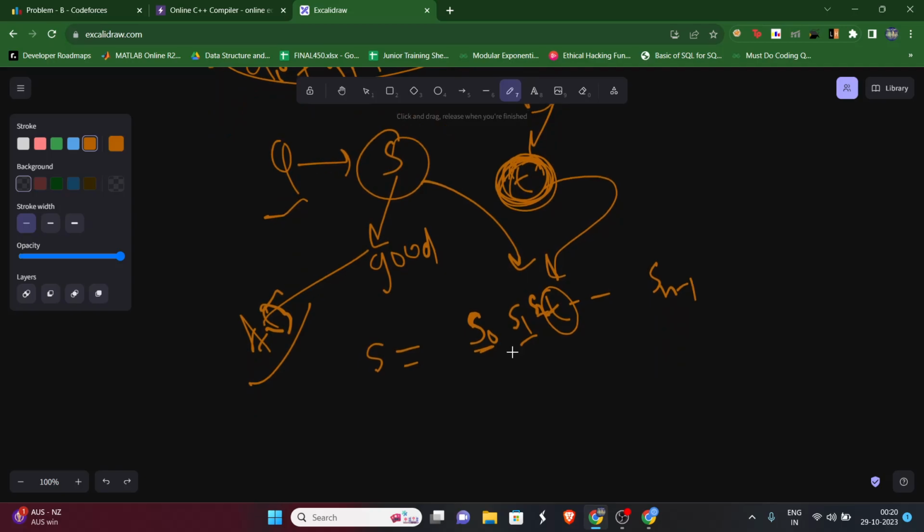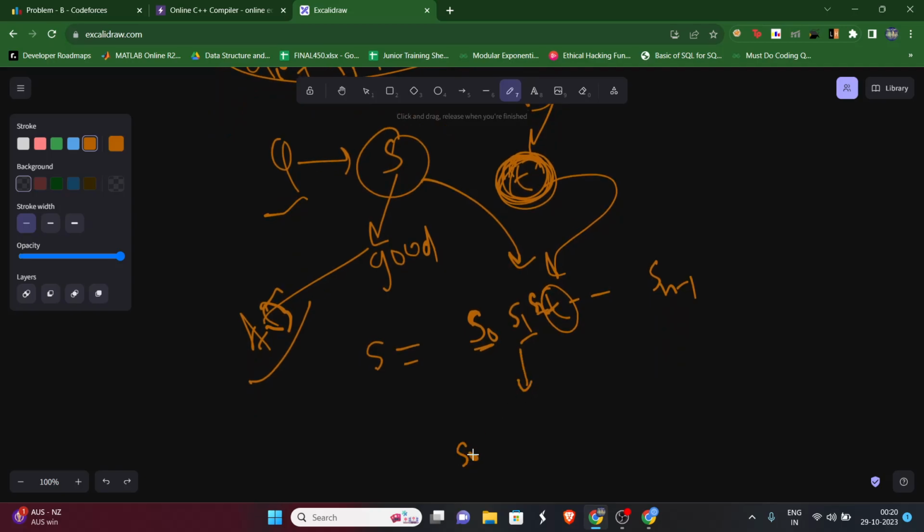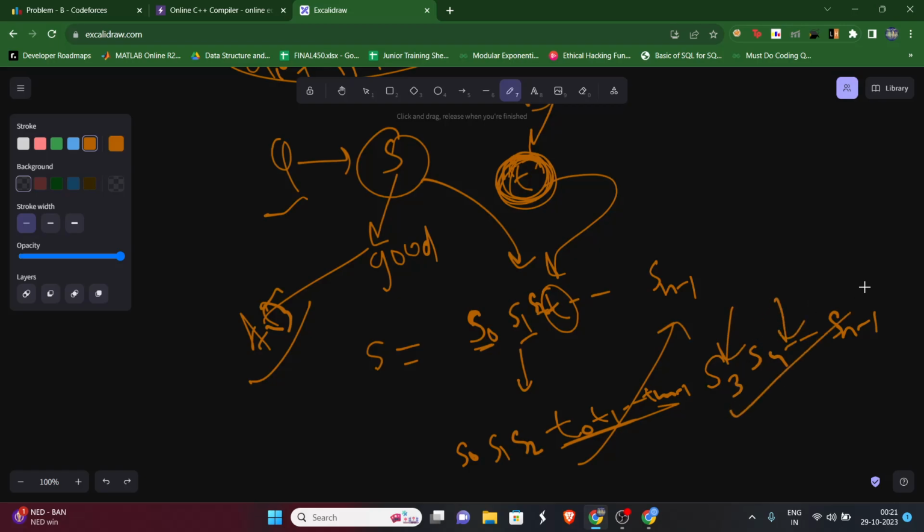Then the new string becomes S0, S1, S2, then the entire T, that is T0, T1 till T of m minus 1, and then it continues with S3, S4 till S of n minus 1. He can do this operation any number of times, anywhere.